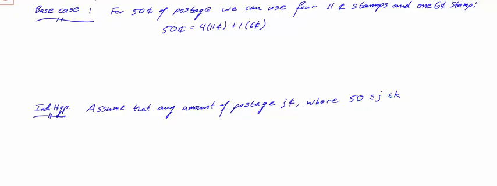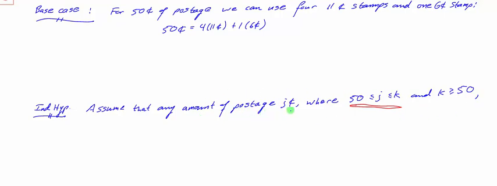So we're assuming a range of values, assuming that's true for up to and including k. So that's why I need this other variable. I can't just use k. So where j is greater than or equal to 50, less than or equal to k, and k is greater than or equal to the smallest one, so it's possible that this range includes just the 50th case.